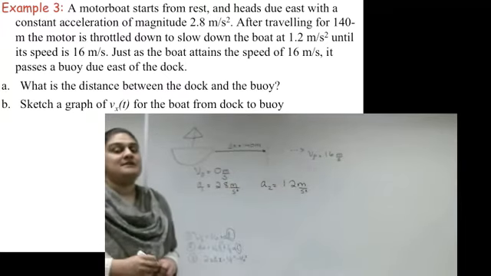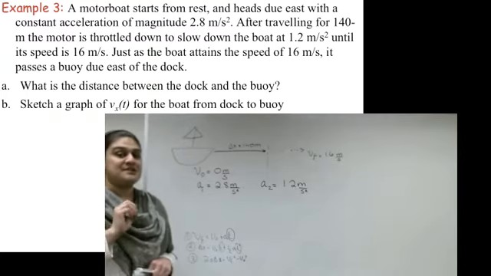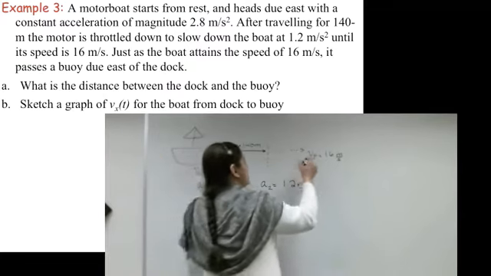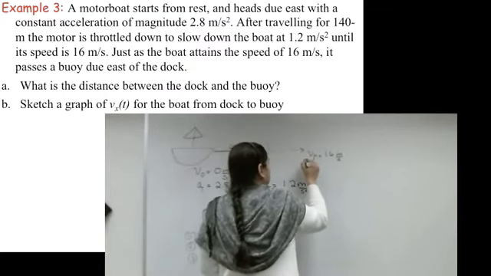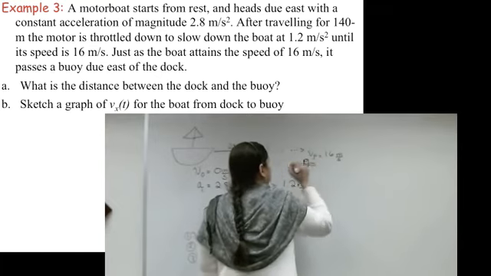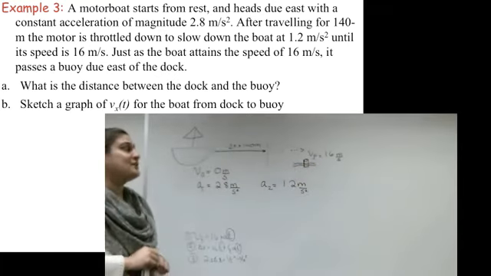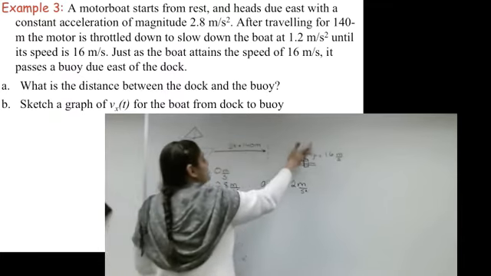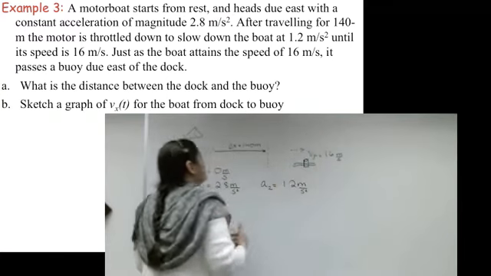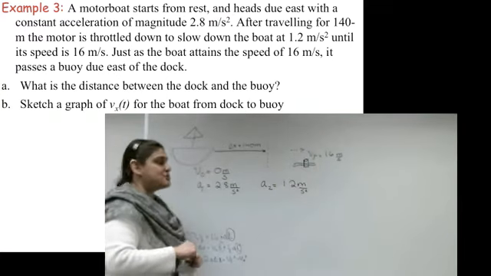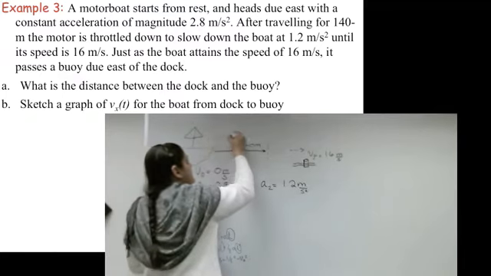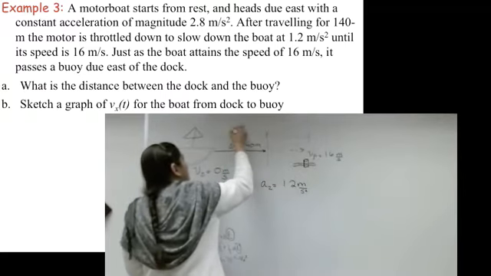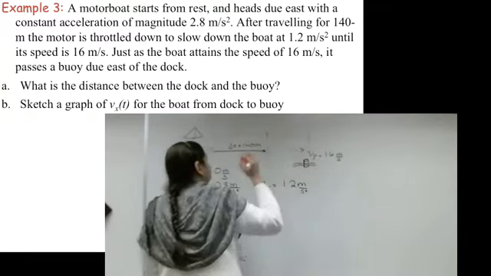And just as the boat attains a speed of 16, it passes a buoy due east of the dock. So the question is, what is the distance between the dock and where it attains the final speed VF? Our basic question is we have to find this distance, which is made up of x1 and x2.